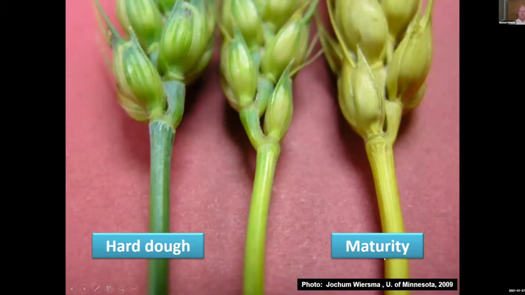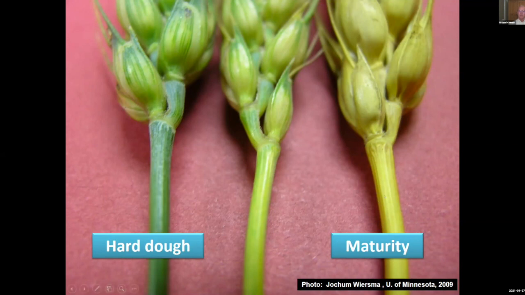Now these two stages, the hard dough and the physiological maturity stages, are also important. Hard dough is a stage that occurs maybe a week or so after the soft dough stage, and you can still divide the kernel with your thumb and forefinger, but the dough has a much harder consistency than at soft dough.